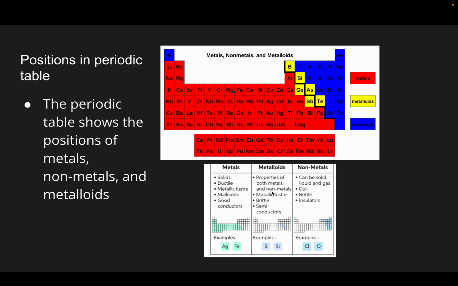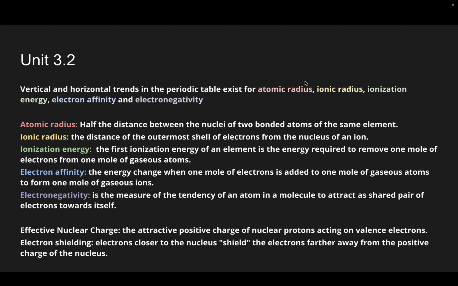They have properties of both metals and non-metals. They have metallic luster, are brittle, and behave like semiconductors. Also, the number of metalloids might change, because sometimes there are 6, sometimes there are 7, but the main ones are here. So basically, that was unit 3.1.